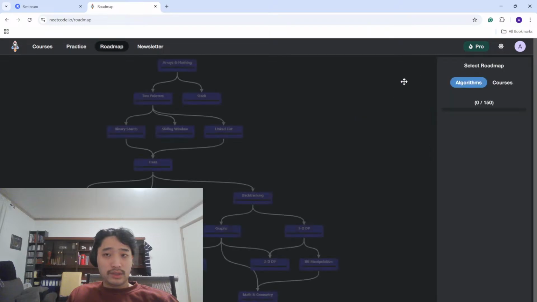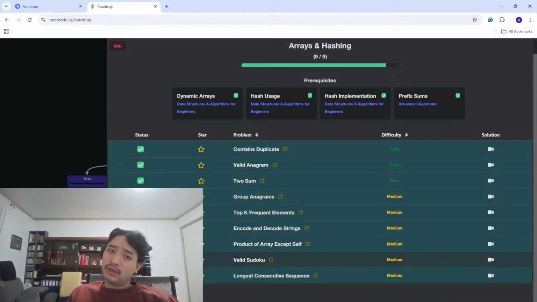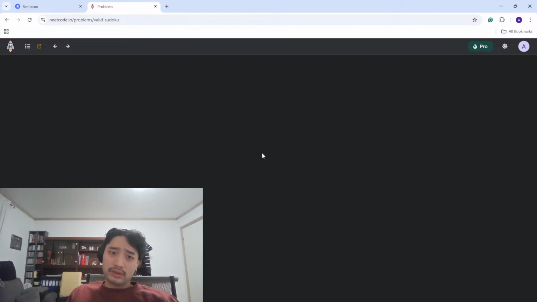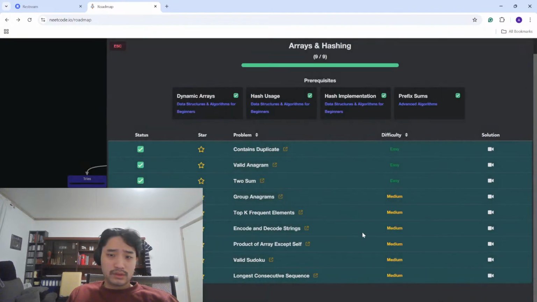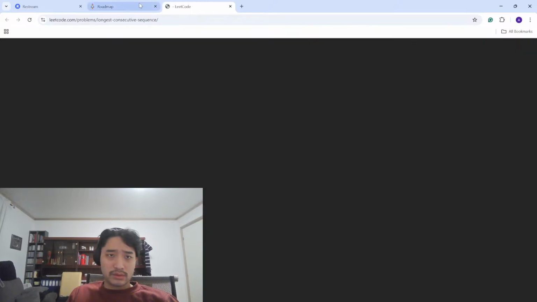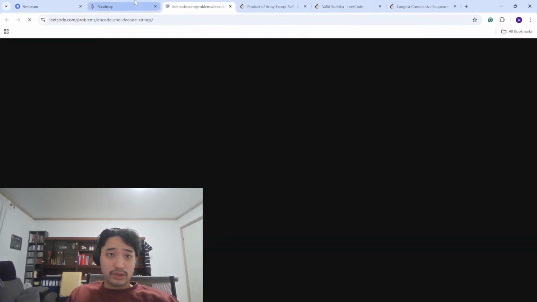And then it was array and hashing. This isn't correct. I haven't done this. Or did I? I think I ended up doing it in the end. Yeah, I did it. I'm pretty sure I've done it before.